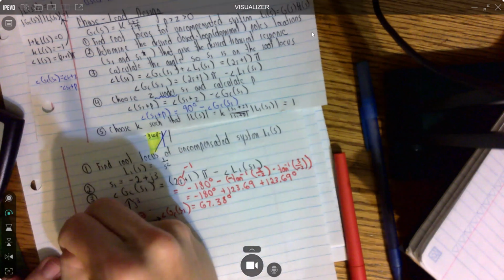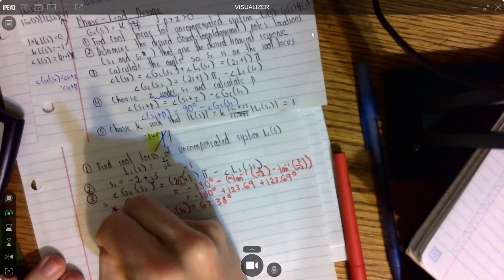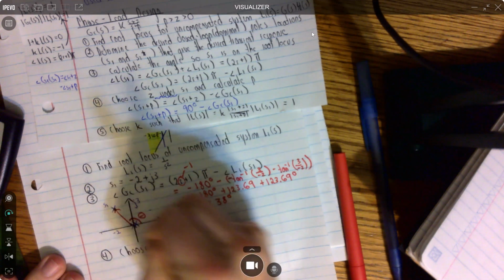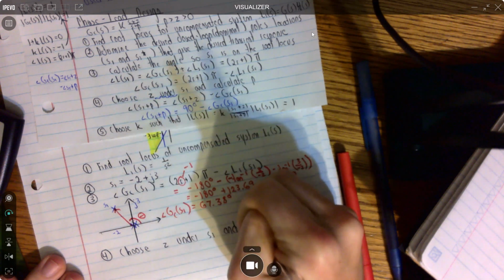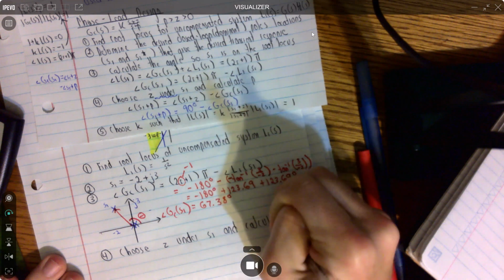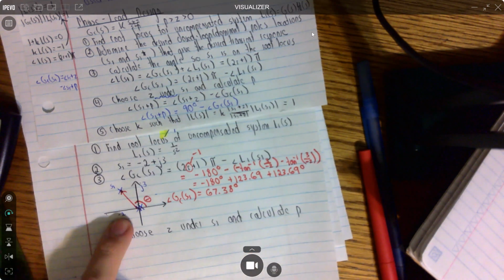And then step number 4 is you're going to choose Z under S1 and calculate the angle then of the pole. So what we're going to see here is we're going to choose our Z to be right under S1.